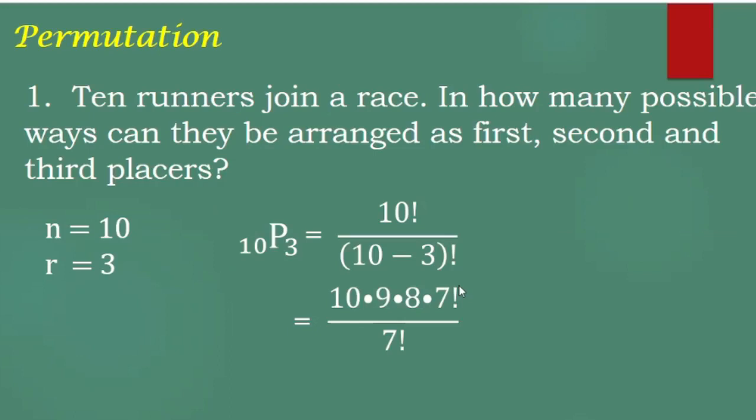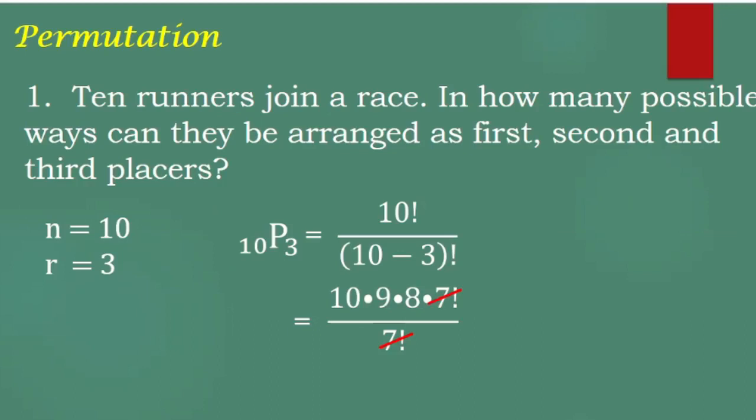Therefore, we need to copy the factorial symbol. I stopped at 7 factorial because our denominator is 7 factorial also. So we cancel or eliminate the 7 factorial in the numerator and the 7 factorial in the denominator, and the remaining numbers are 10, 9, and 8.